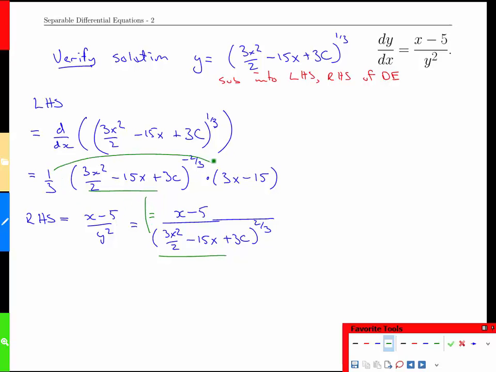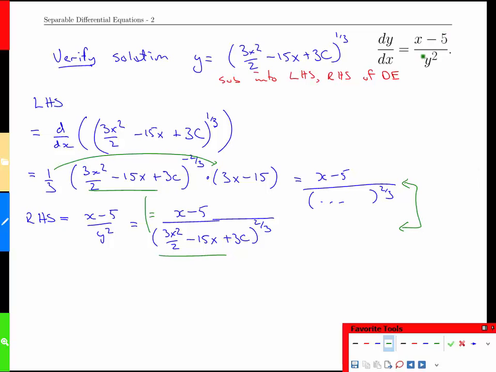If we multiply this 1/3 in, we end up with x minus 5 divided by all that same expression to the 2/3. So in fact, these two sides, the left-hand side coming from the derivative and the right-hand side coming from the algebraic expressions, are equal. And so we have the correct solution. y equals (3x squared over 2 minus 15x plus 3c) to the 1/3 is the correct solution.